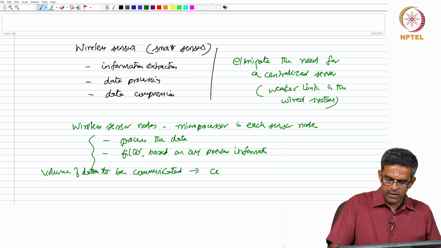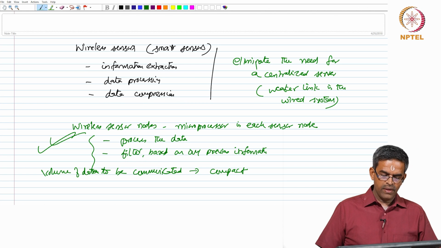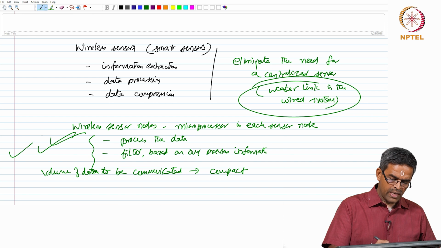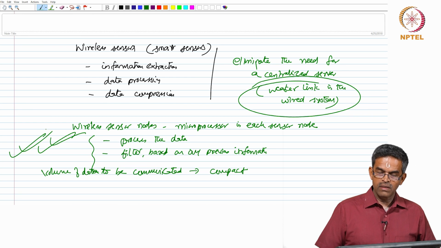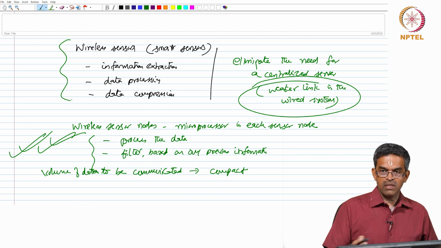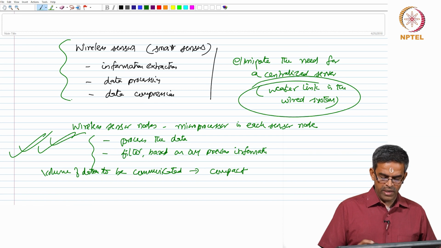It becomes compact. So, one can say that is the next advantage we have. It eliminated the weaker link, it made the data transmission very compact, it has a lot of information which was not otherwise provided by the wired sensors.